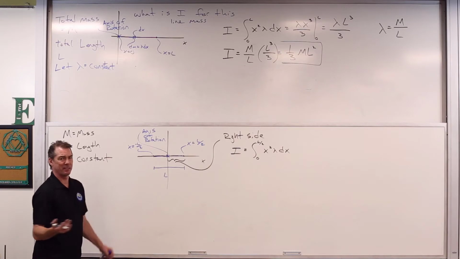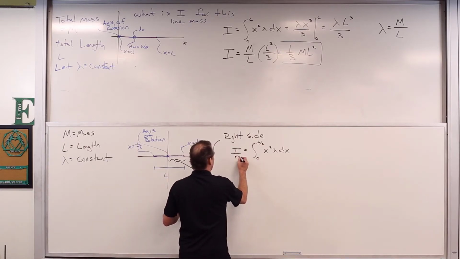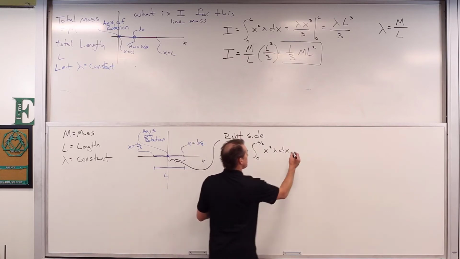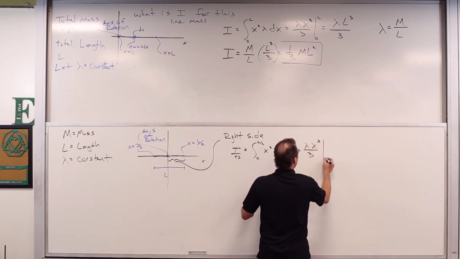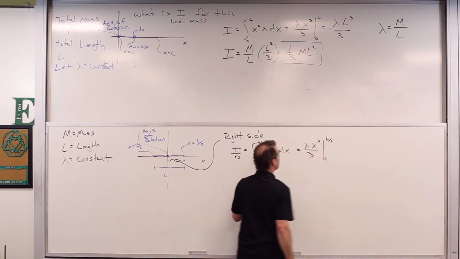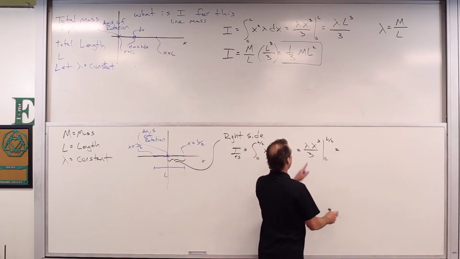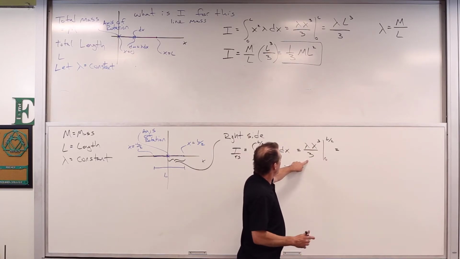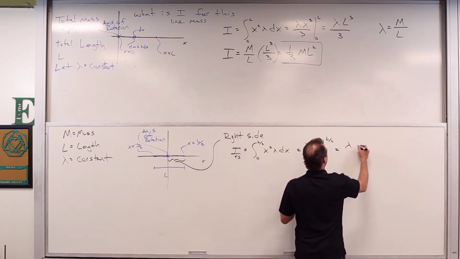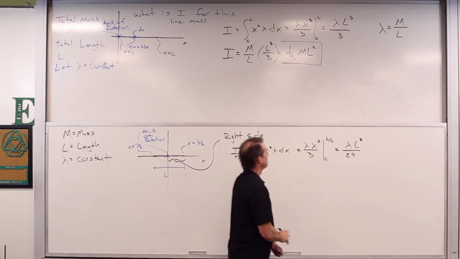It comes out to be something that basically you've already seen. So let's do this. RS for right side. This is going to be equal to lambda x cubed over 3 evaluated from 0 to L over 2. What's that going to be? Well, we've got L cubed over 8 times 3 is 24. So you've got lambda L cubed over 24.